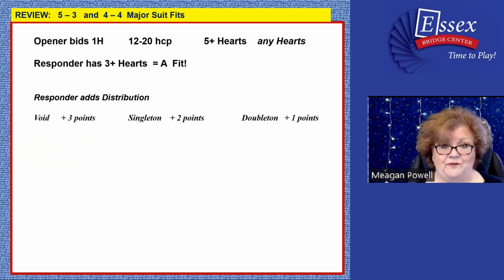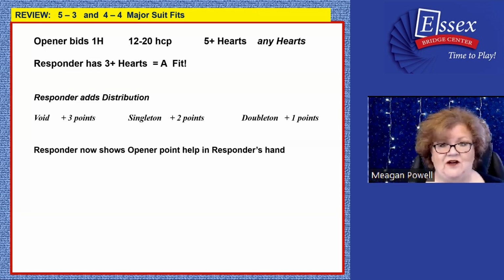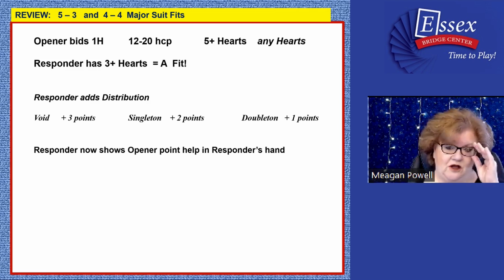Now, responder, you will have a total number of responding points, high cards plus distribution. And you're going to show opener the point help in your responding hand. You will find this information on your purple help sheet, in the bottom of the first, or somewhere in the second column on the front page.